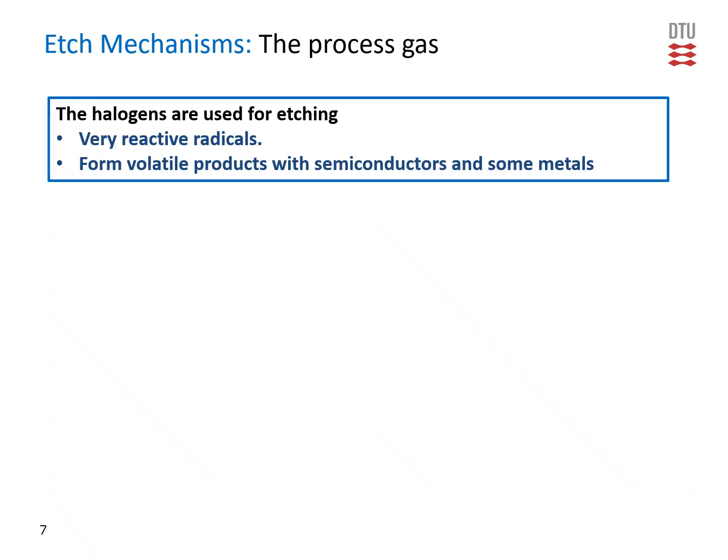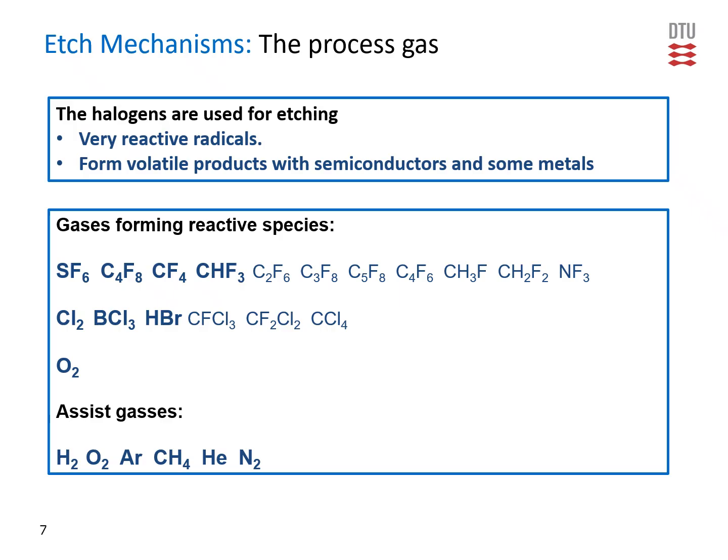So by now we know that the halogens are very good for etching because they form reactive radicals and they form volatile products with semiconductors and with some of the metals. Here is a list of different gases that contain these halogens.